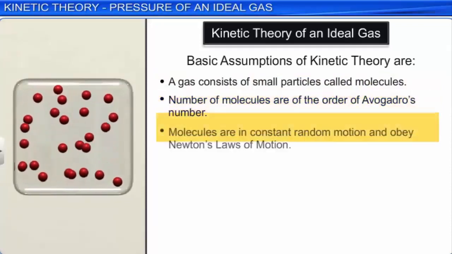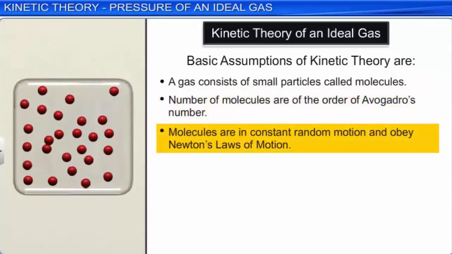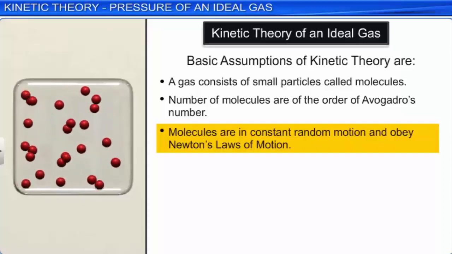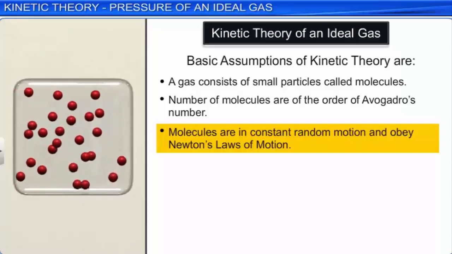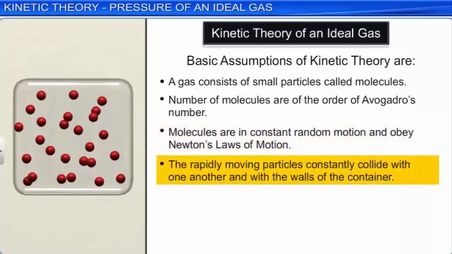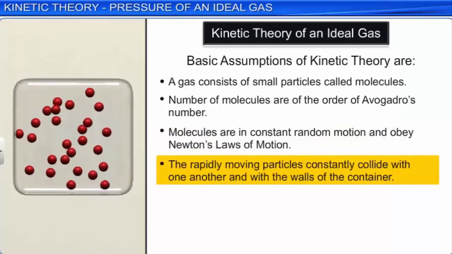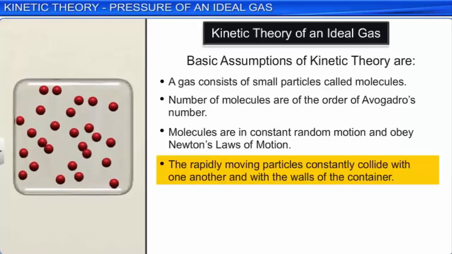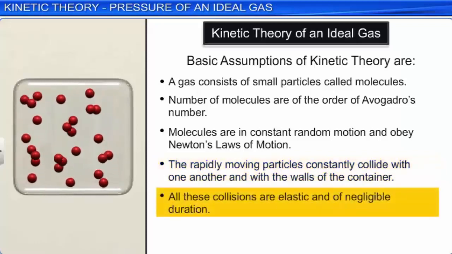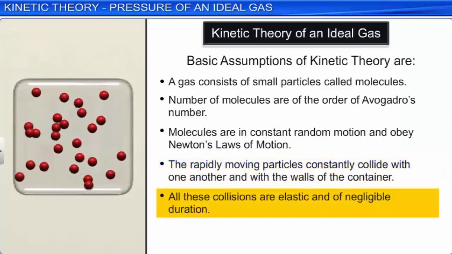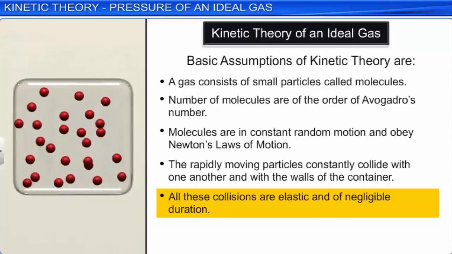The molecules are in constant random motion and obey Newton's laws of motion. The rapidly moving particles constantly collide with one another and with the walls of the container. All these collisions are elastic and of negligible duration.